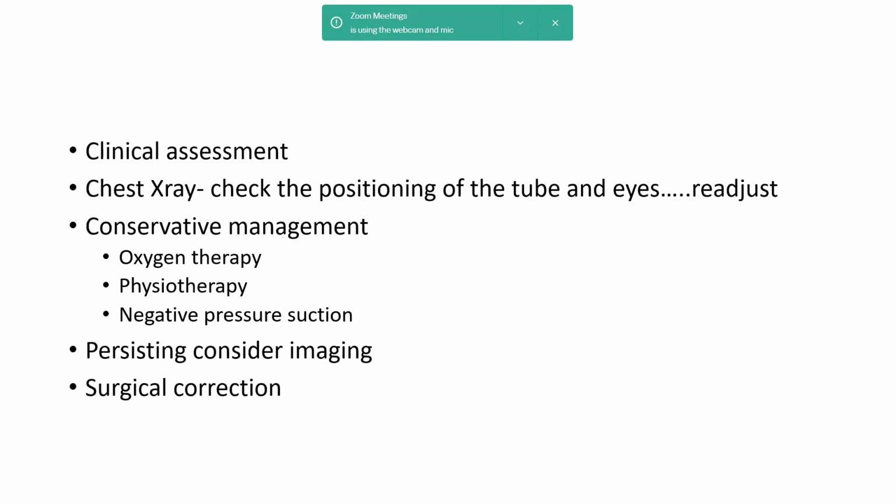Right, the next question. Patient is having surgical emphysema. I don't know whether in medical wards you get this after tubes, but it happens in surgical wards. Okay, assess the patient clinically. Sometimes this surgical emphysema can be very threatening.